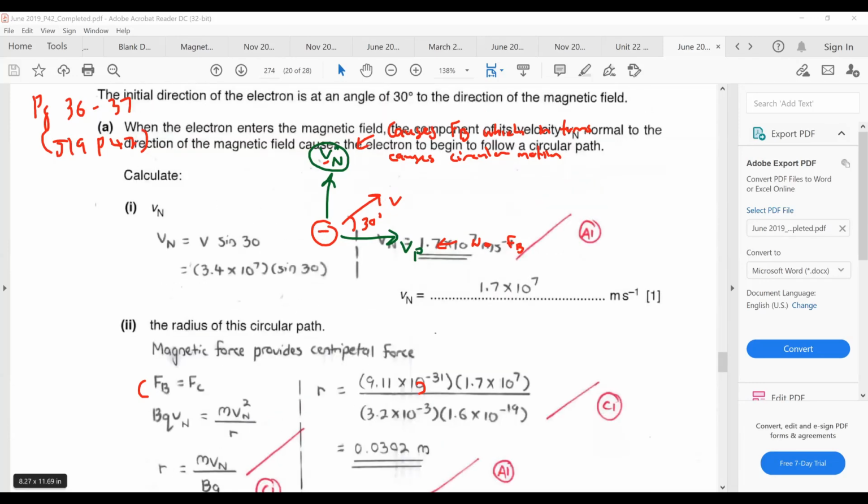Please make sure you are careful about the V's that you use. You're not using this V. You're using the velocity perpendicular to the field.